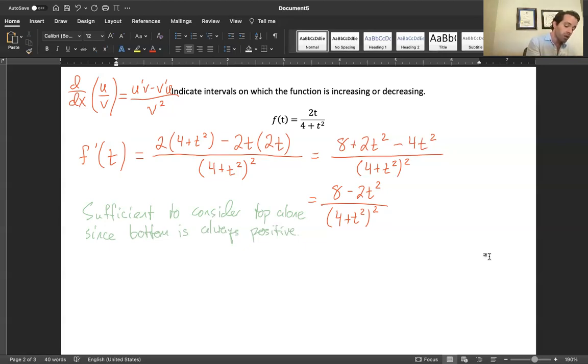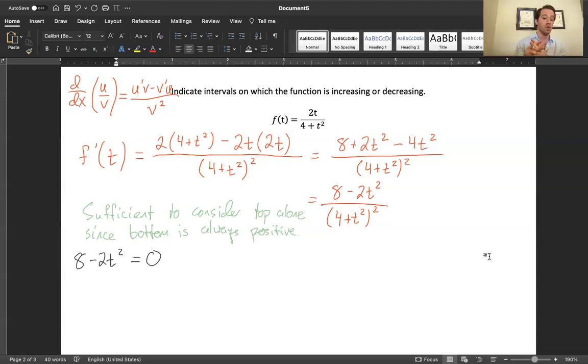Let's go and do it. So we're going to have 8 minus 2t squared equals 0. Remember, when you want to solve for something being positive or negative, first of all, you look for where it's equal to 0. And then you look for that as the boundary point. You say on either side of that, is it going to be positive or is it going to be negative?